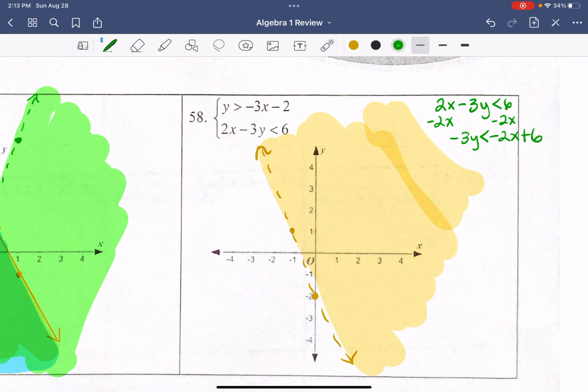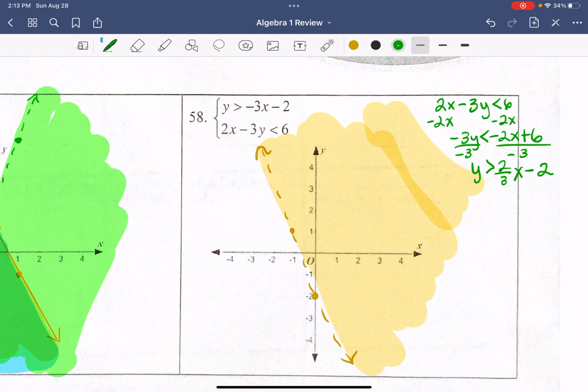So I subtracted 2x from both sides, and now I'm going to divide by negative 3, but since I'm dividing by a negative, what happens? My sign switches. So this turns into positive 2 over 3x for my slope, plus, minus 2.